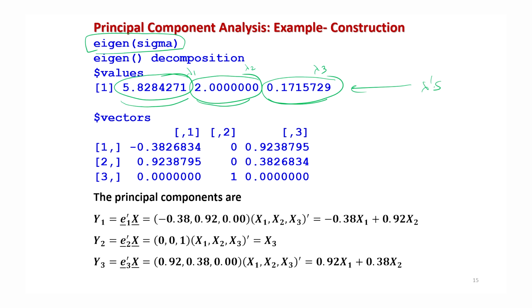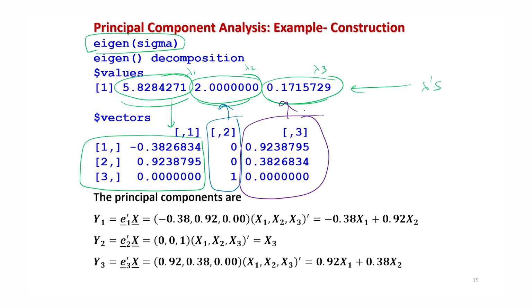Corresponding to lambda 1, I can find the characteristic vector, or eigenvector. Similarly, corresponding to lambda 2 and lambda 3, I can find these characteristic vectors. Using these characteristic vectors I can easily write down the principal components. The first principal component is y1 equal to E1 transpose x.